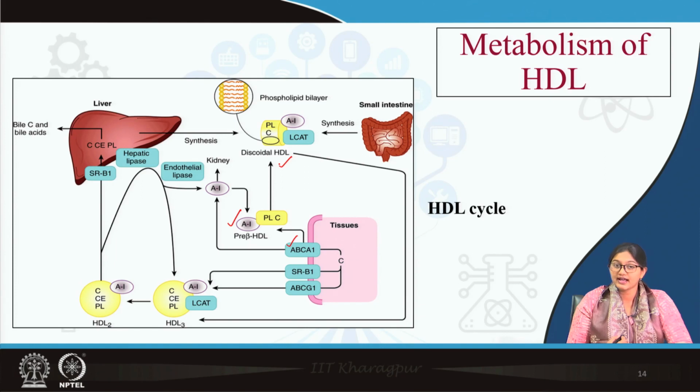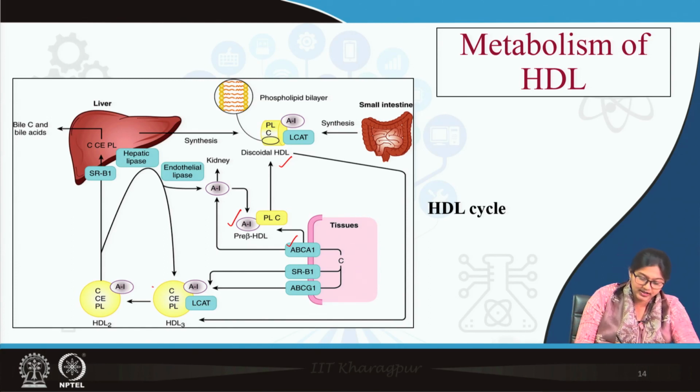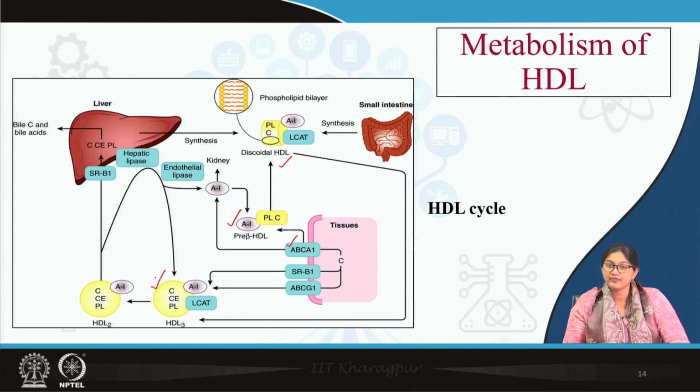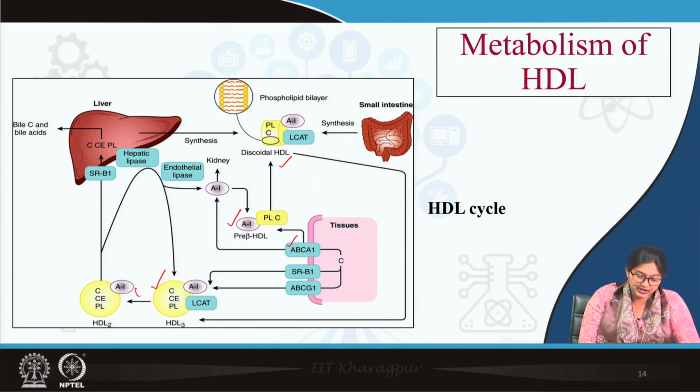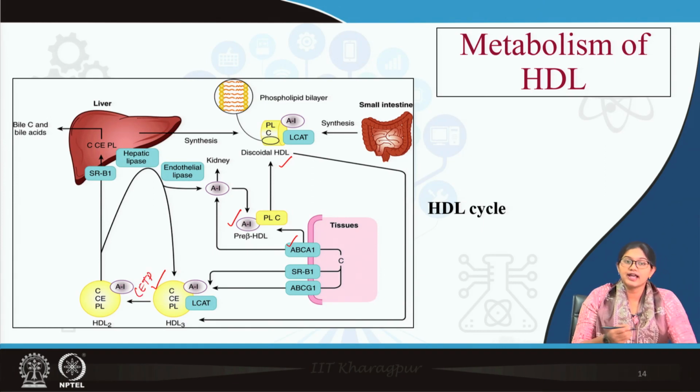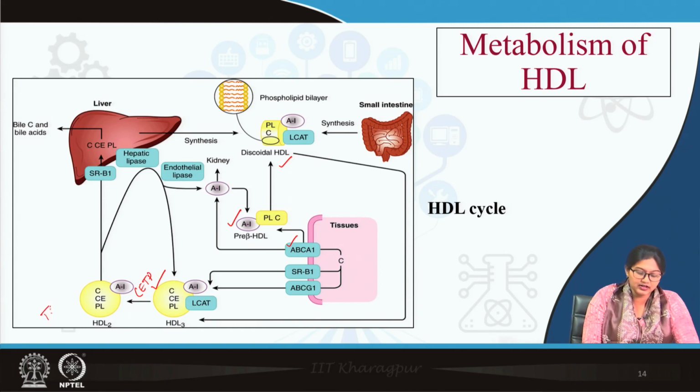Nascent HDL takes up more cholesterol from the extrahepatic tissue, and that cholesterol is esterified with the help of the enzyme LCAT, forming the HDL3 form of the HDL molecule. Remember, HDL3 is a spherical form. Now, HDL3 is converted to HDL2 with the help of the protein CETP. So, HDL2 is a triacylglycerol rich form.